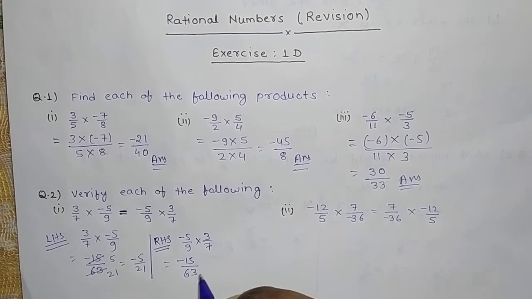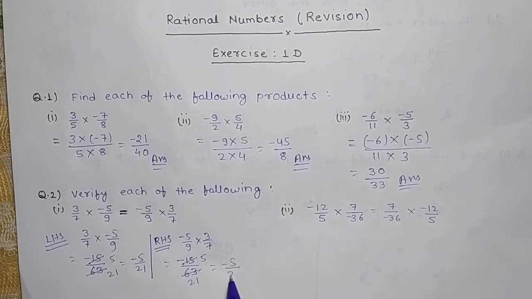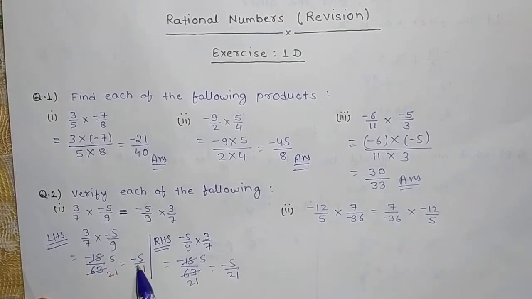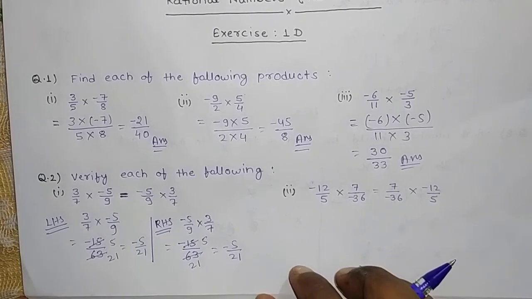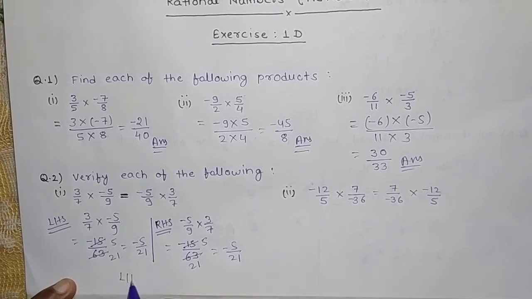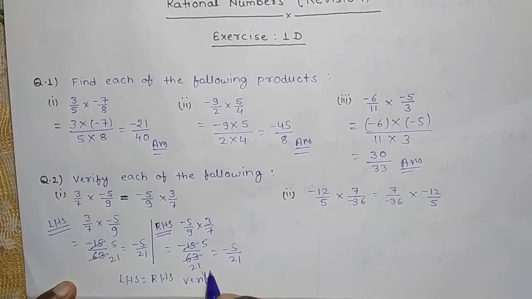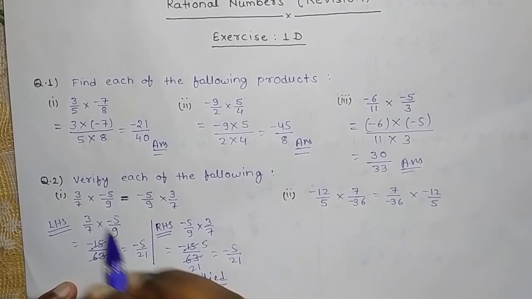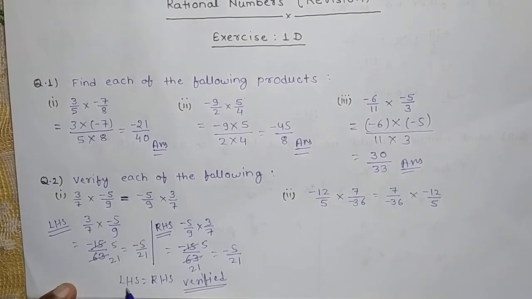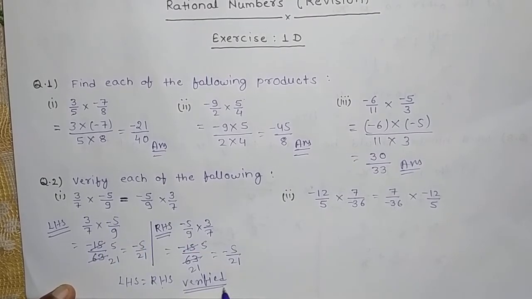Again we can divide both the numerator and denominator by 3, so 3 5s are 15, 3 2s are 6, 3 1s are 3, so this is minus 5 upon 21. Now LHS is minus 5 upon 21 and RHS is also minus 5 upon 21. So here LHS equals RHS, and it is verified. Now this equation is correct because LHS equals RHS and it is verified.